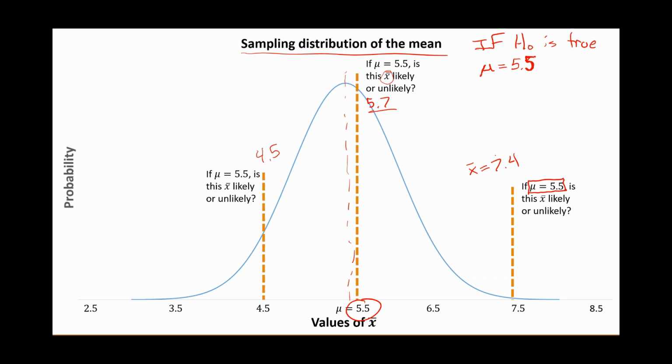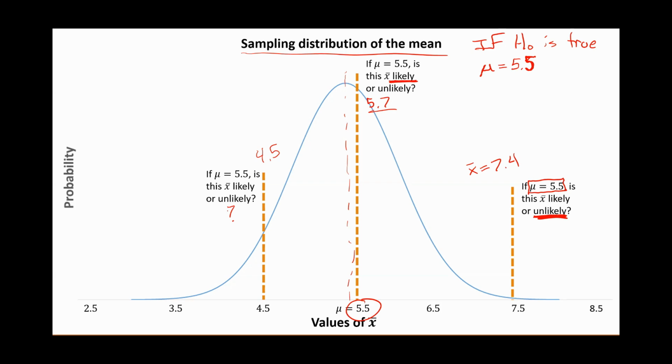How likely is it that we would find a sample mean somewhere around 7.4 if in reality mu is equal to 5.5? I think we would have to say this one is pretty unlikely. This one is pretty likely. This one is somewhere in between.